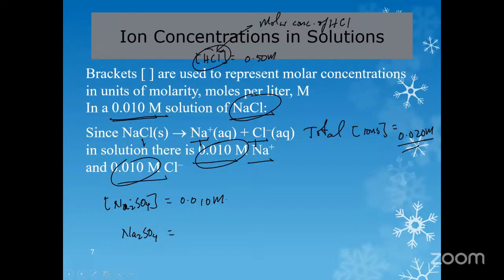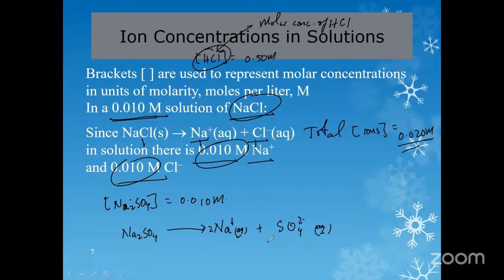So in the case of sodium sulfate, when you add it to water, it dissociates to form Na+ (aq), but this will be two of them because of this two here, plus SO4 2- (aq), all right? So in this case here, for every 1 mole of sodium sulfate that dissolves, 2 moles of sodium ions will be produced, and 1 mole of sulfate ions will be produced.